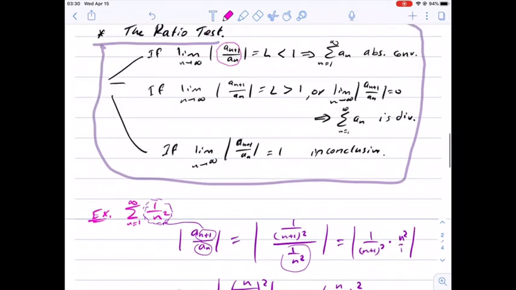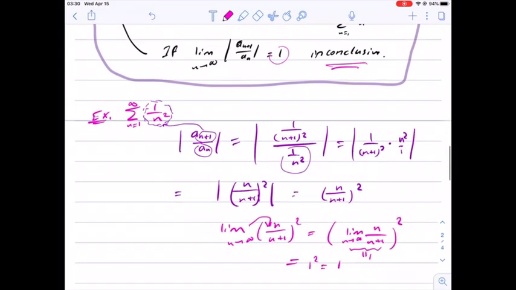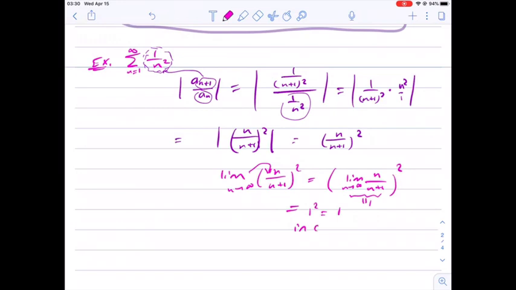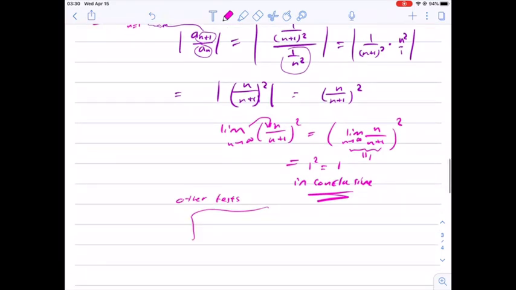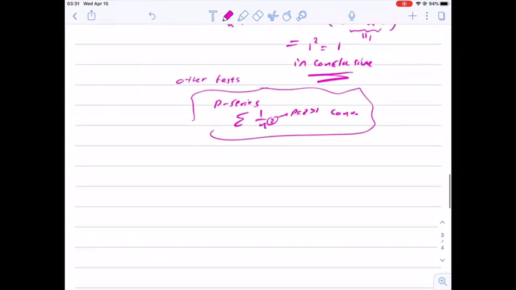So 1 squared is equal to 1. And that means if the limit of the absolute value of the ratio is equal to 1, the test is inconclusive. And if it's inconclusive, we need to try other tests. We may try the p-series. This is a p-series, and we know that p equals 2, greater than 1. That means convergent.